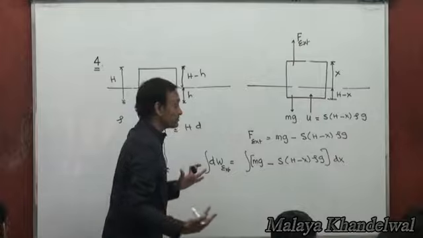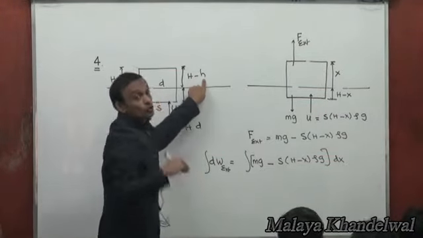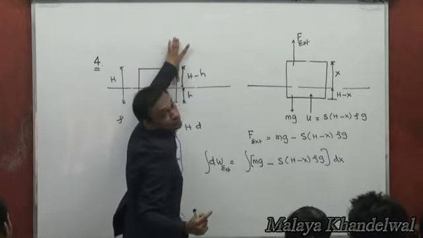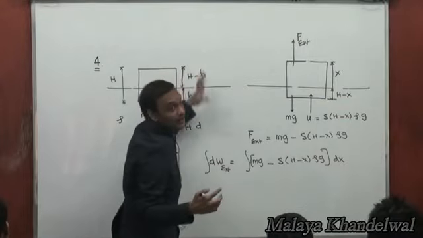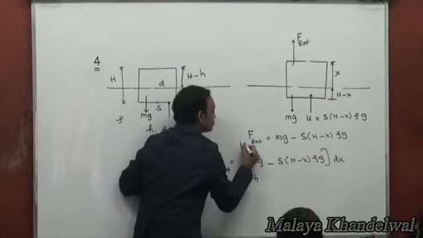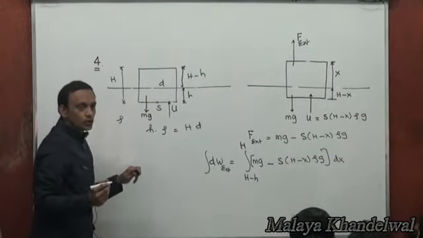This would be the minimum amount of work, where x changes from initially capital H minus small h to finally the entire height capital H, right?